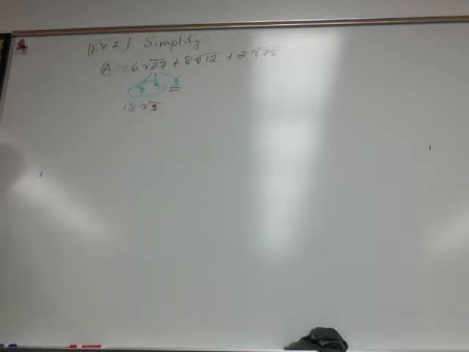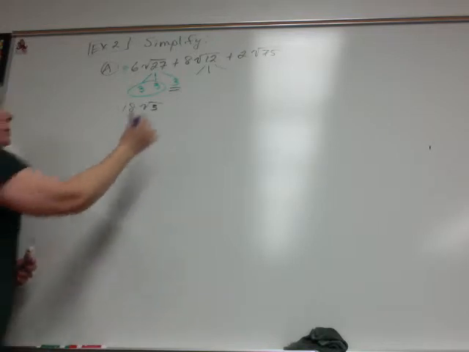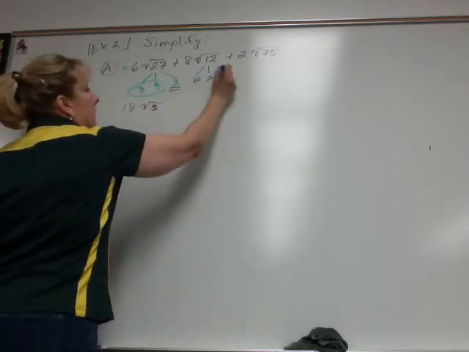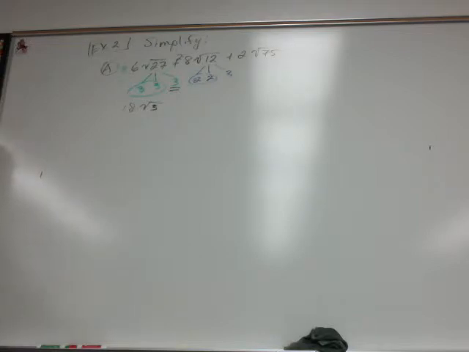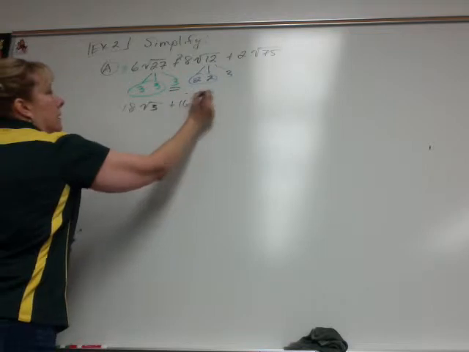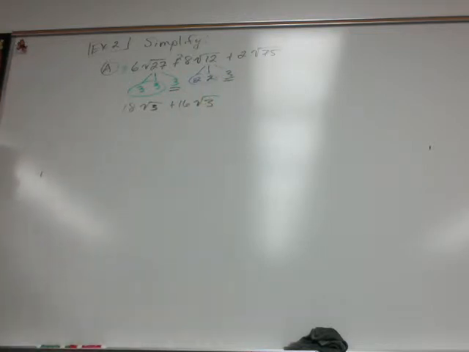And then the 12 breaks into what? 2, 2, and 3. Can't I take out a pair of 2s and multiply it to that 8 that's in front? So I get a positive 16, and I'm left with radical 3. Now those are like radicals, correct?